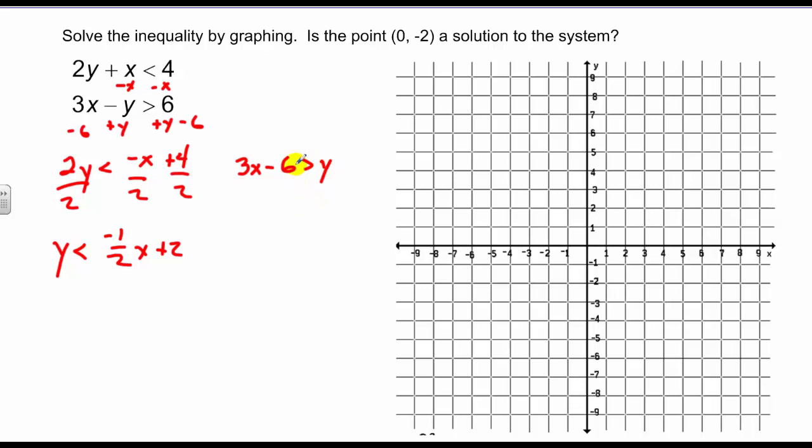So in this case, I'll graph up to 2, down 1 over 2, and I'll dot that line. Check to see if 0, 0 works out for me. I've got 0 less than 2. That's true.